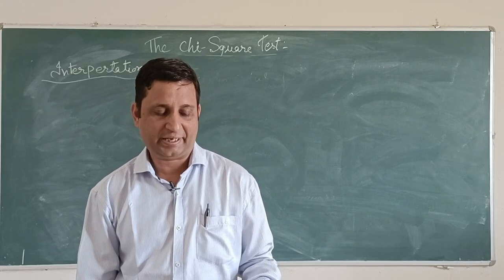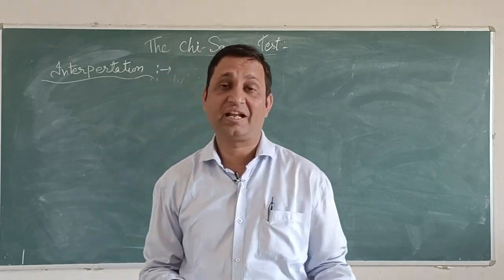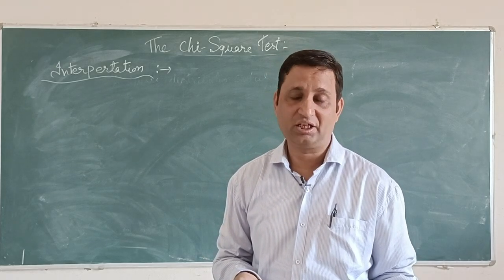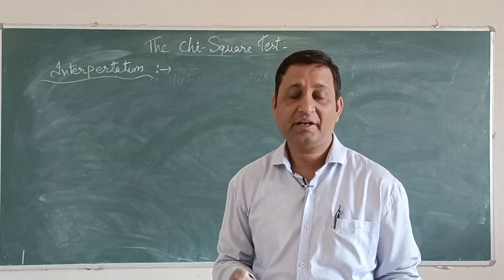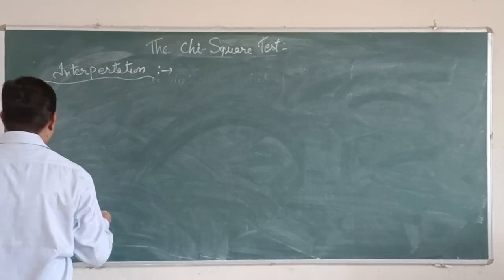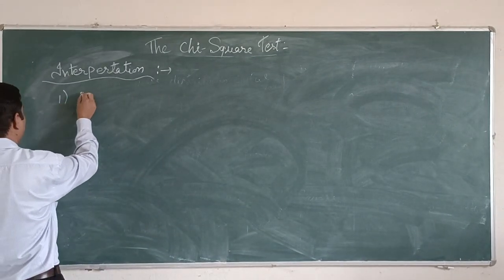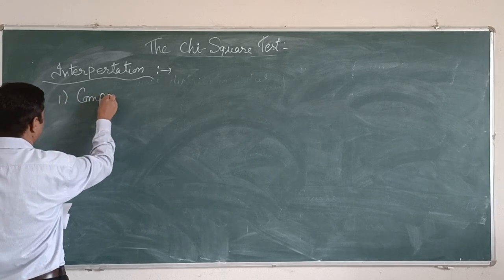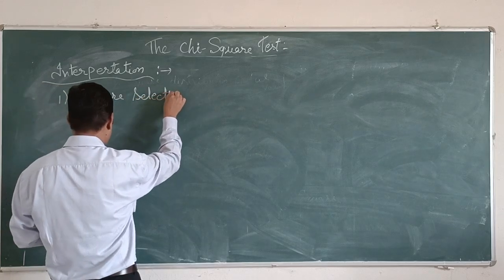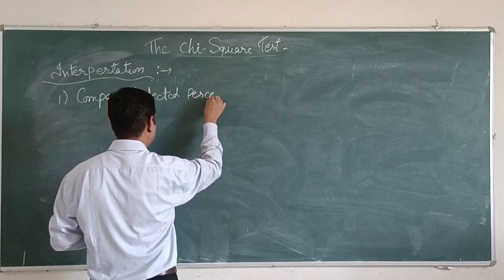If the test is significant, it is important to look at the data to learn the nature of the relationship. There are three ways to look at the data. One of them is to compare selected percentages.